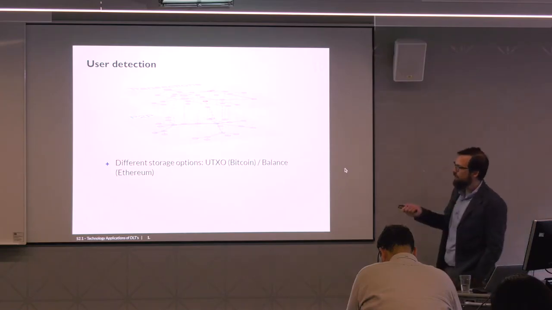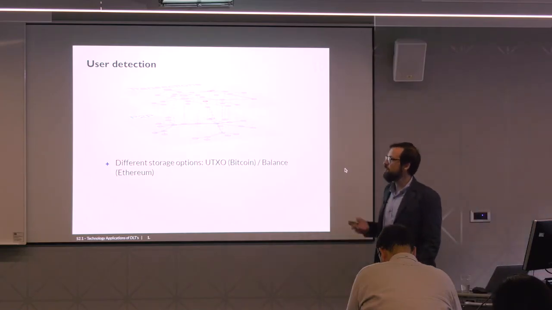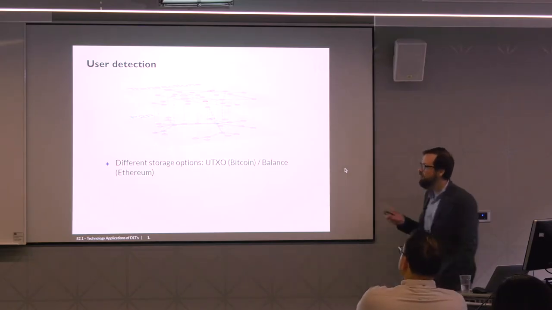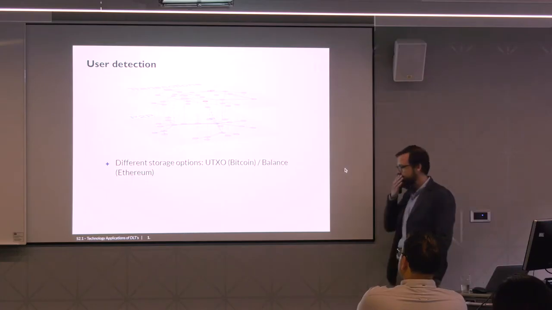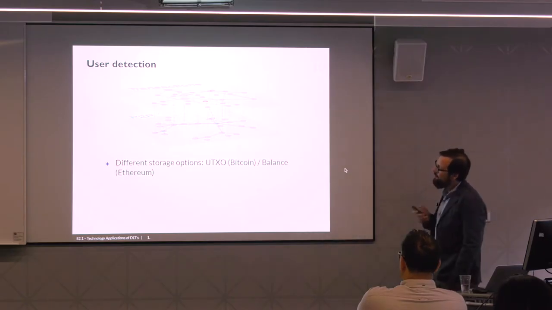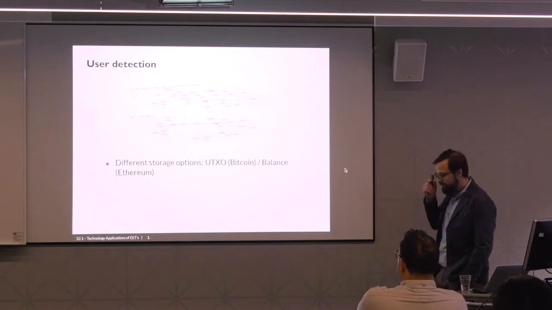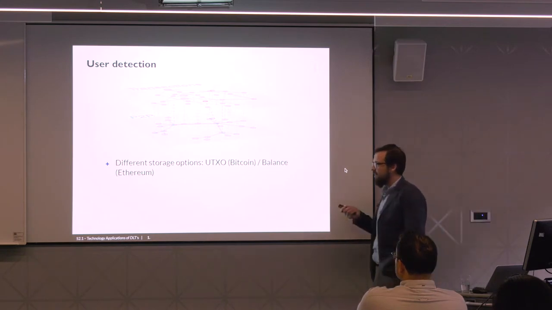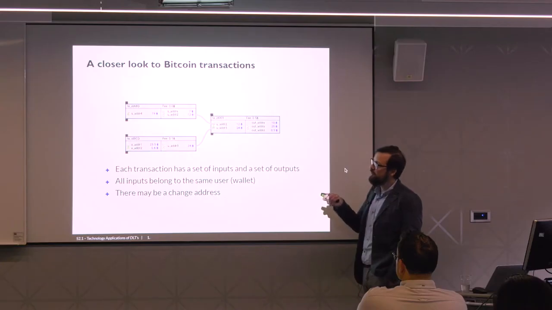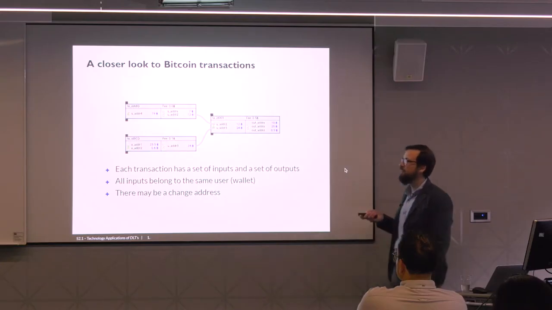I already talked about this way of storing the transaction. This is the unspent transaction output model, like in Bitcoin and in many others, Litecoin, Dogecoin, all these families. There are other blockchain-based systems like Ethereum, in which this is not the way in which the transactions occur, but the transactions only occur between single addresses to single output addresses.